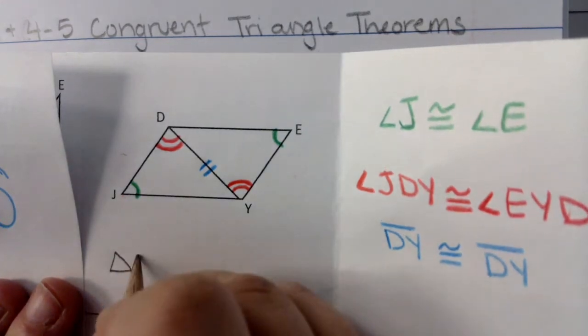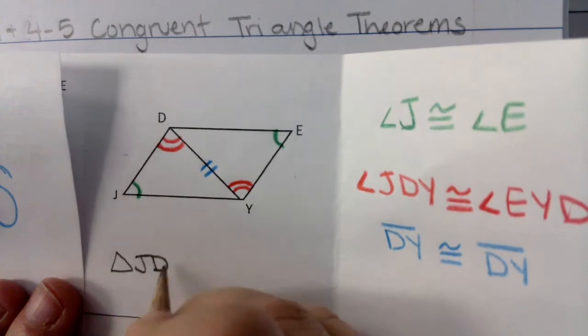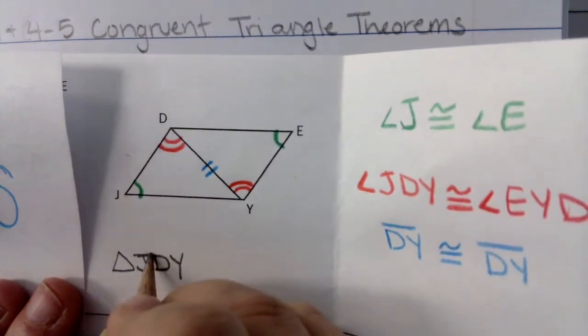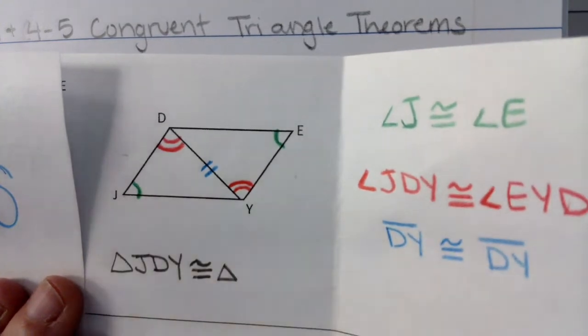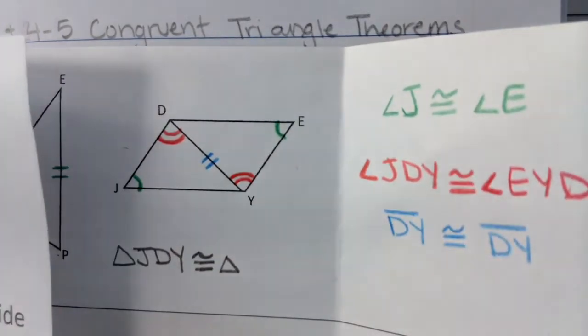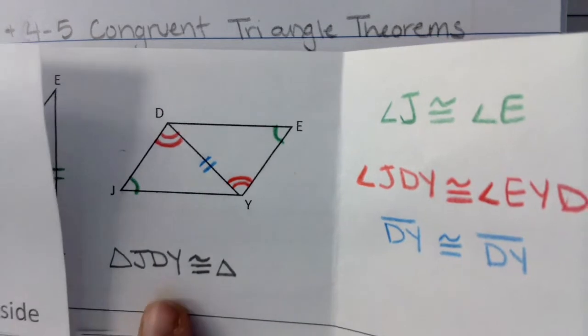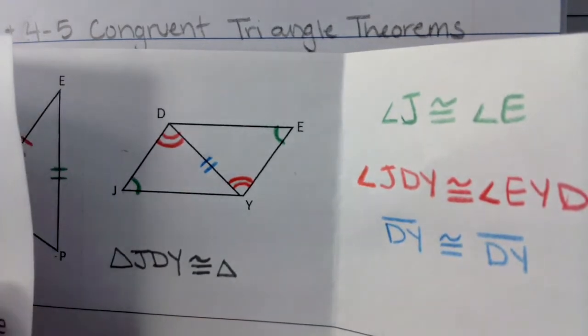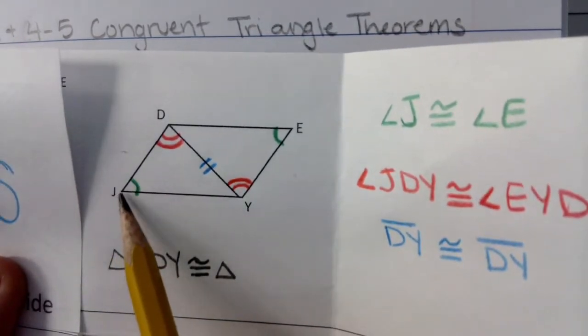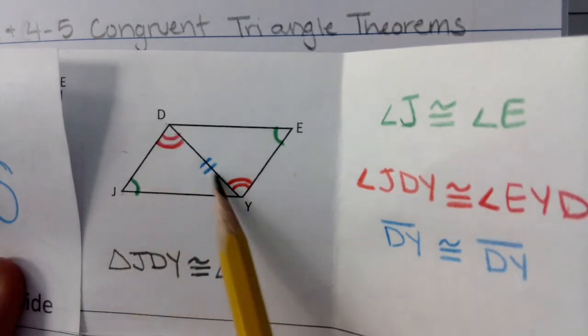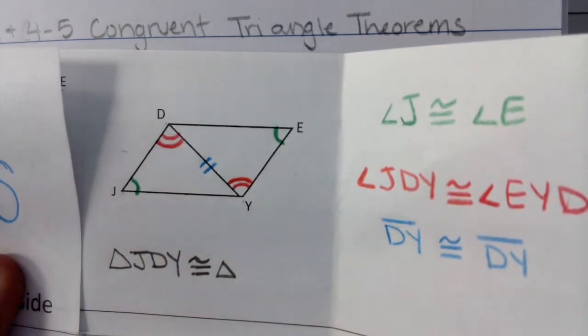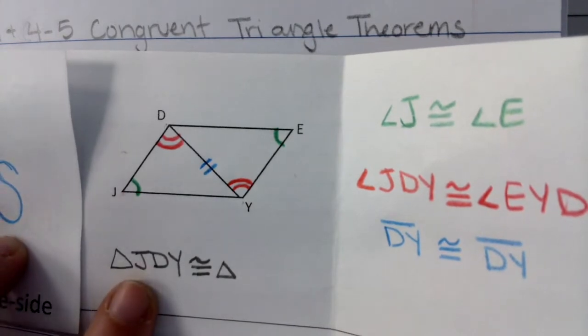Now, the second triangle, we're going to be really careful about how we say it. We want it to match with that JDY. So J was the one with the 1 arc. Then we went to D with the 2 arcs. And then we went across to Y. So if we started with J, what should I start with on the other triangle? E. Do I want to switch the Y and the D around?